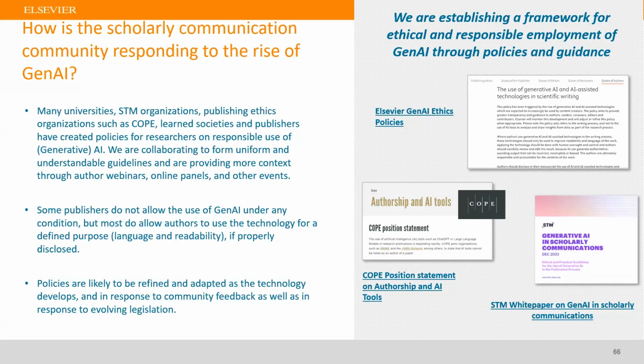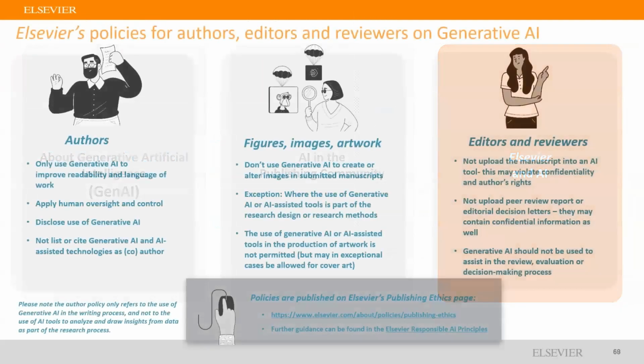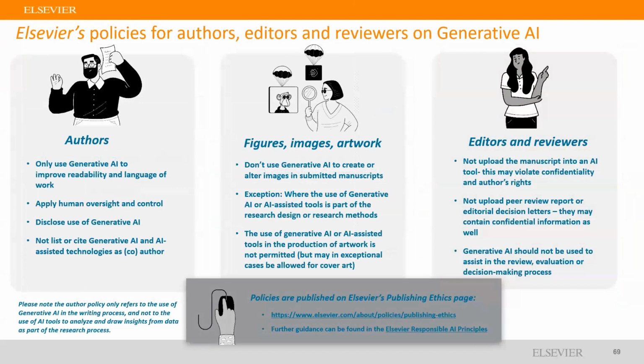And depending on the publisher that you publish with, they might or might not allow the use of generative AI if properly acknowledged. And that's when I want to just show you what Elsevier allows authors to do, for example.